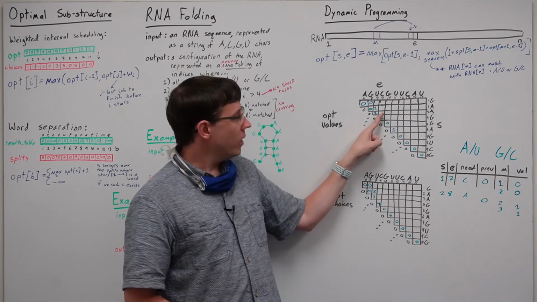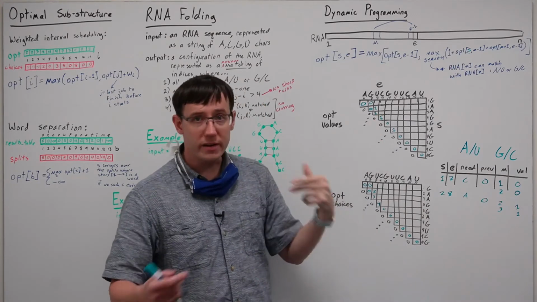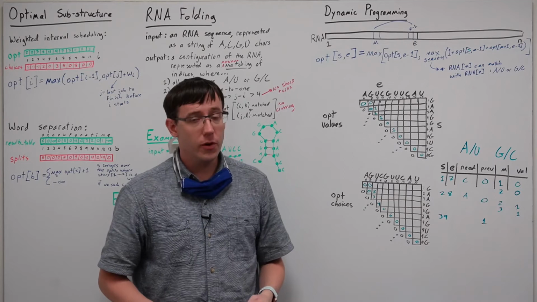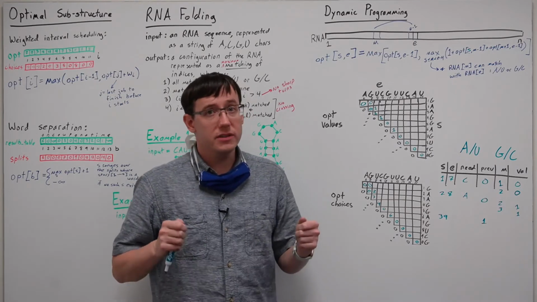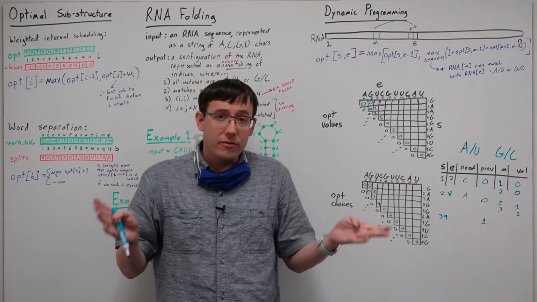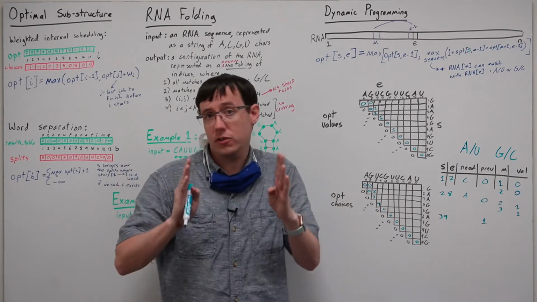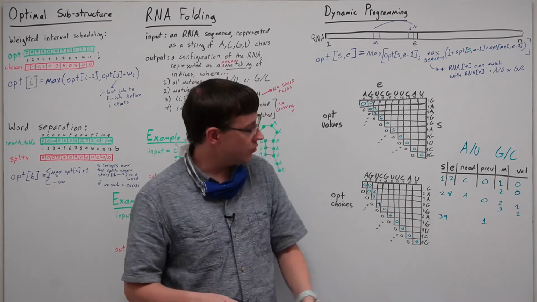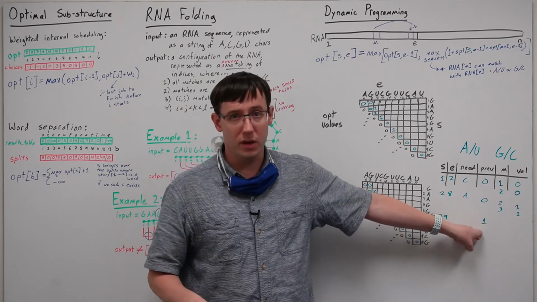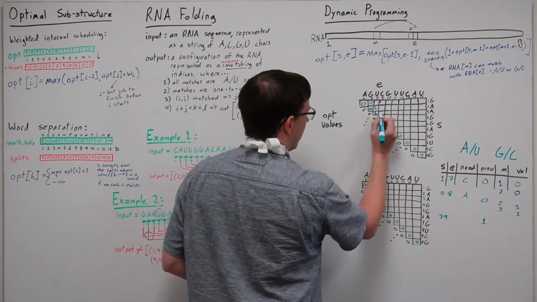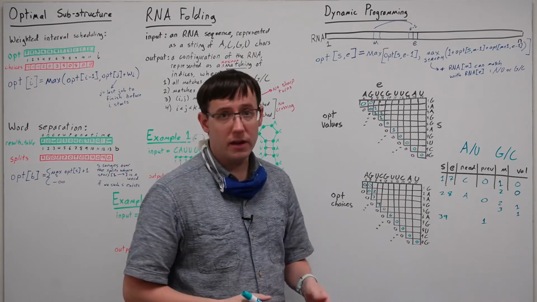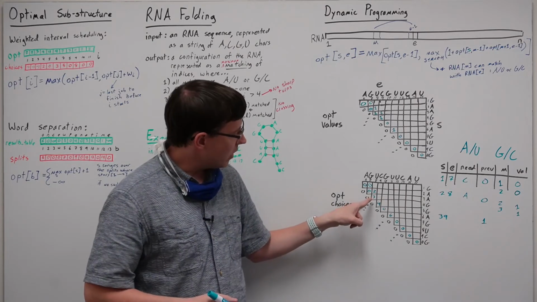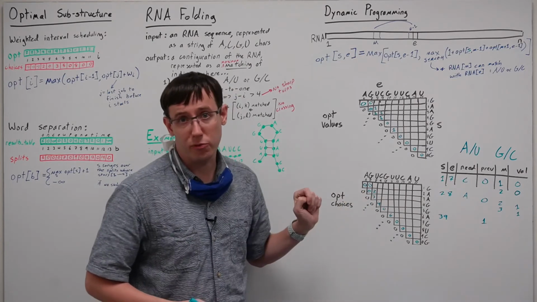In particular, when we get to our subproblem from 3 to 9, our previous value is 1, and since from 3 to 9 we only have 6 bases, what's left when we take out those 2 is just 4 bases, which are not far enough apart to have any additional matches, and so just based on the size of the problem and the previous being 1, I immediately know that the opt will be 1 here, and I can fill in a 0 in the choices table saying, just go back to the previous problem where we found a pairing between 8 and 3.